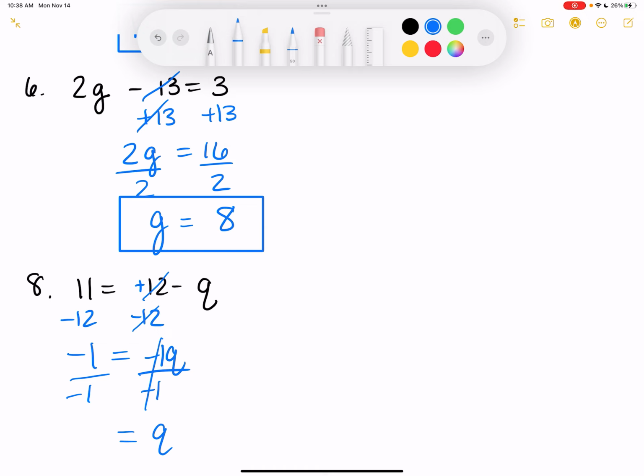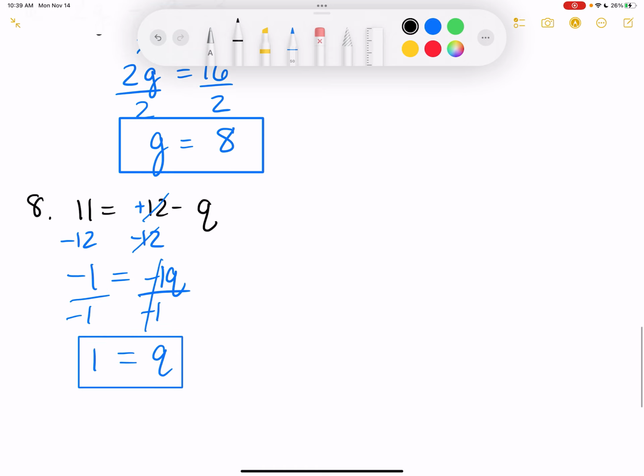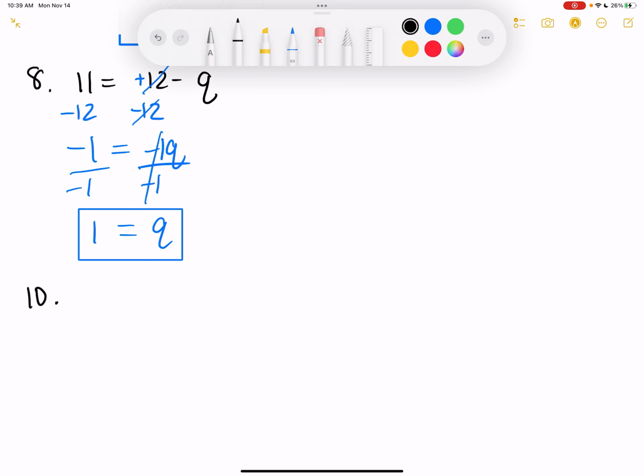So the negatives cancel each other on the left, and 1 divided by 1 is just 1. That's a good problem because it's kind of sneaky how they put that in there. I thought it was done, but you gotta get rid of that negative.